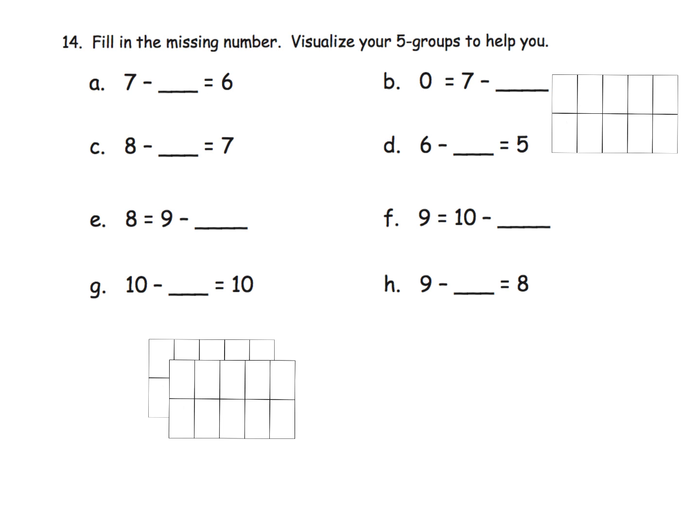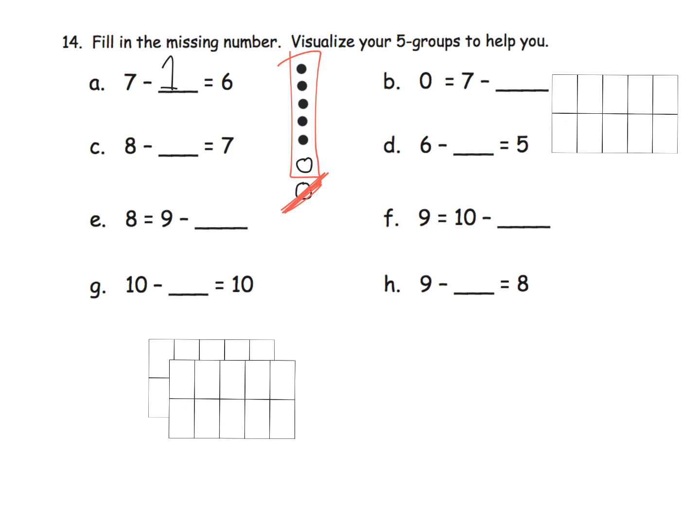Modeling 7 would look like 1, 2, 3, 4, 5, and then we need 6, 7. So there's our 7. We can see that we're going to cross off something and get down to 6. So we need to cross off 1 in order to get to our 6. So the answer would be 7 minus 1 equals 6.